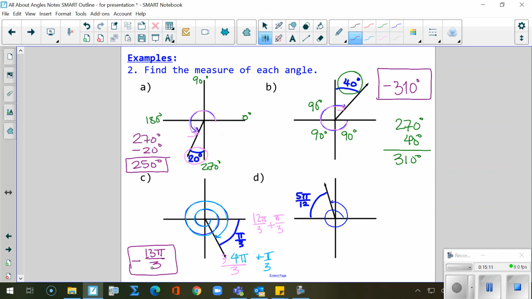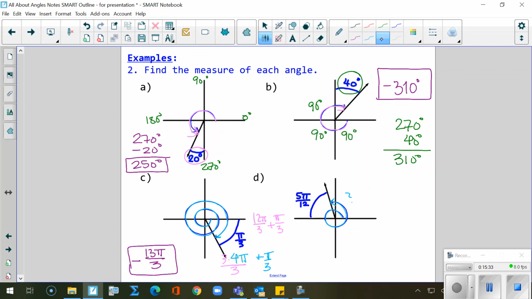Okay, let's trace this one. It's a positive angle. 1 pi, whoops, I'm trying to trace. 1 pi, 2 pi. I don't know how much this extra is right here. So I can't say 2 pi plus something.